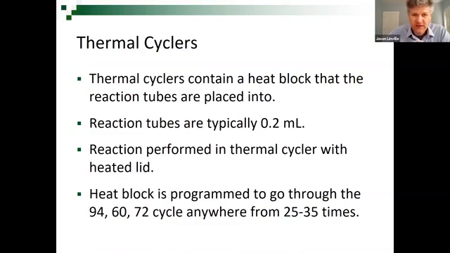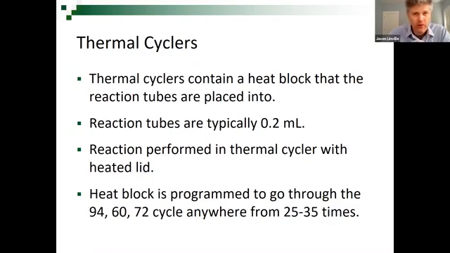The thermal cycler is just an instrument that contains a metal heat block that the plastic tubes settle into. When the temperature of the metal heat block goes up, the temperature of the reagents, the liquid in the tube, goes up. When it goes down, they go down. This heat block is hooked up to a small computer, not a desktop computer, but a computer in the instrument itself.